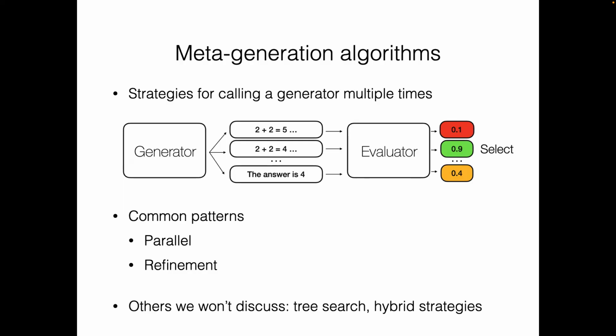I'm not going to go into the details, but if you saw in the news, there was this method called AlphaProof from DeepMind. They actually use a tree search to search for a proof using a language model. But we're going to focus on these two because they're things you should definitely know about, and we can go into a bit more depth on them.